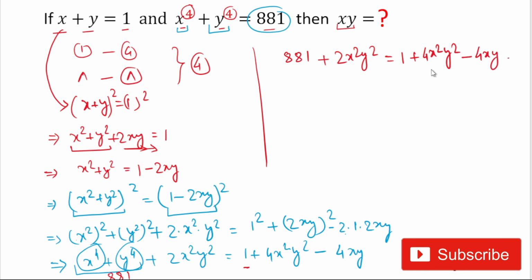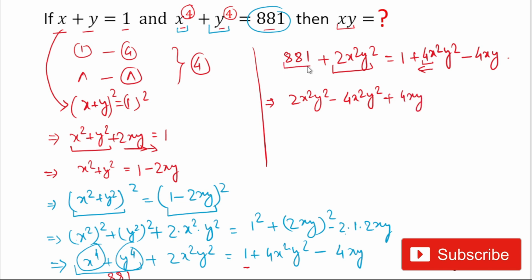Now in the next step we'll take all the values to the left hand side. So our equation will be 2x square y square, and after that this 4 times x square y square will be negative 4x square y square. Now negative 4xy on the right hand side will be positive 4xy on the left.